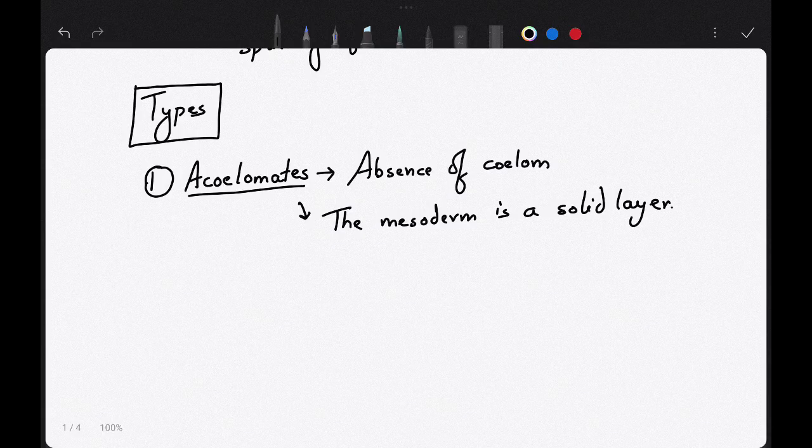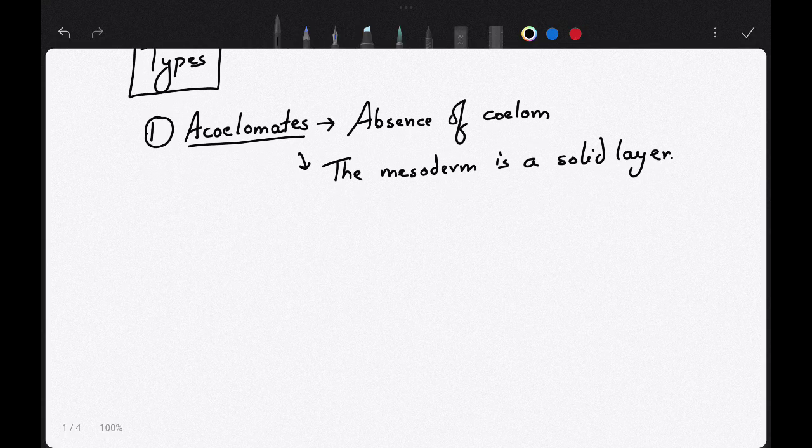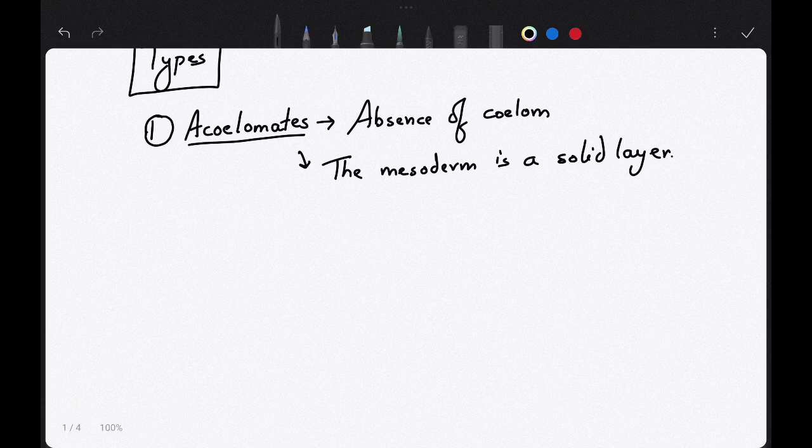We will learn the difference between having a solid layer and having a coelom when we learn about coelomates. For now, learn that they have a solid layer, and the region between the ectoderm and the endoderm has the presence of mesenchyme and muscle fibrils.